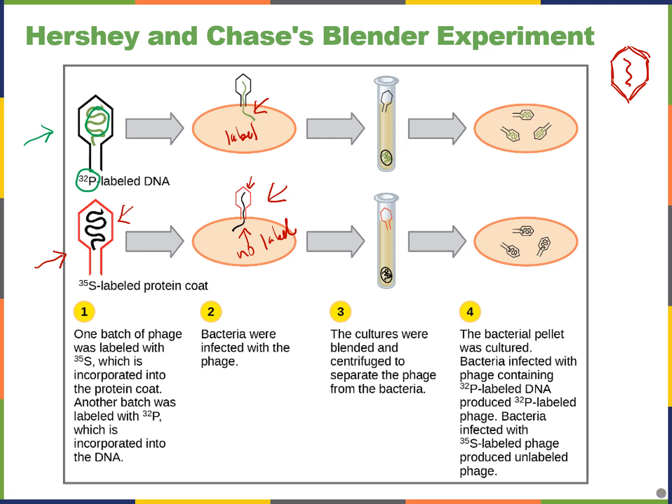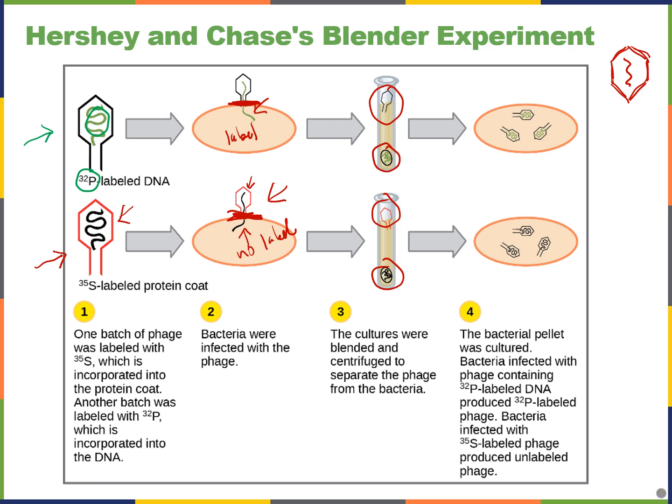Then they blended the mixture to essentially detach the phage from the bacterial cells, and they get rid of that supernatant, the liquid where the phage shell would be located. And they look at the pellet, the cells within the centrifuge tube.